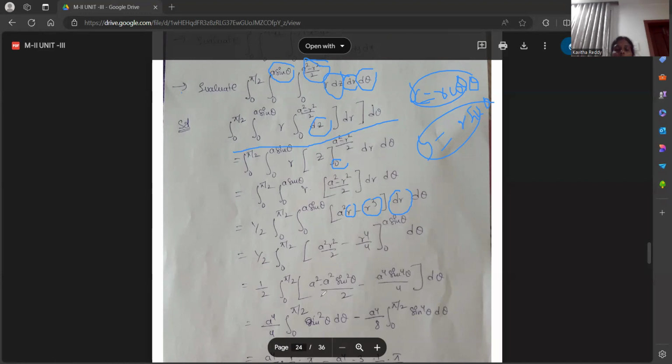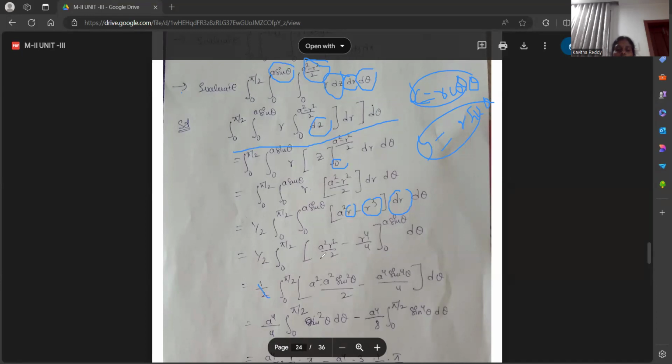Then take out common a power 4 by 2, and you'll get integral of 0 to pi by 2 sine square theta d theta minus a power 4 by 8, 0 to pi by 2 sine power 4 theta d theta.